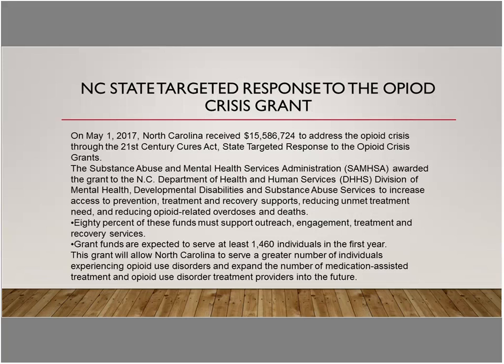So our prevention dollars that we have received for this are just a small part of this overall grant that the state is using to target opioids. So there's a lot of treatment and recovery services umbrellaed under this grant. So we are a small part of that.